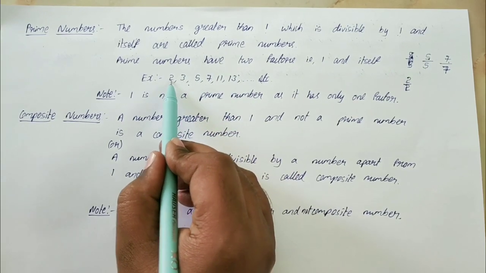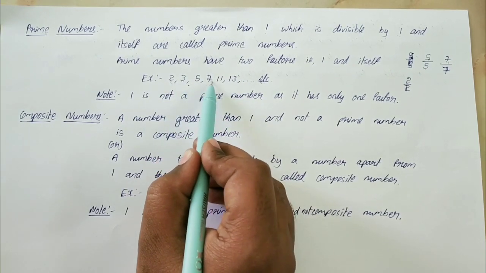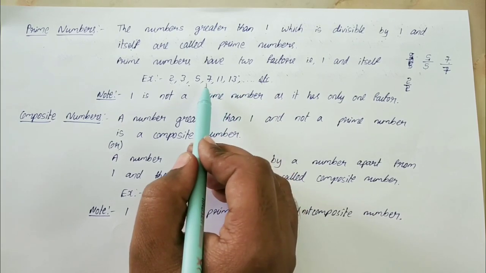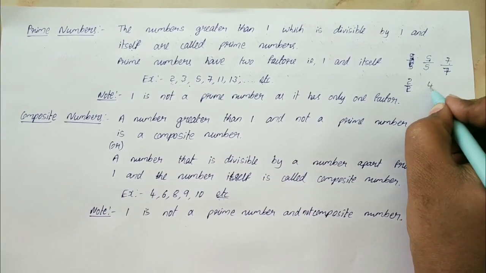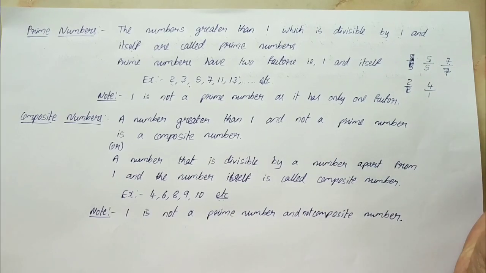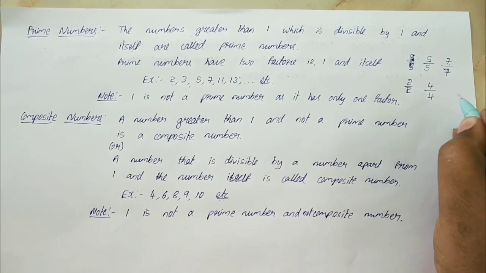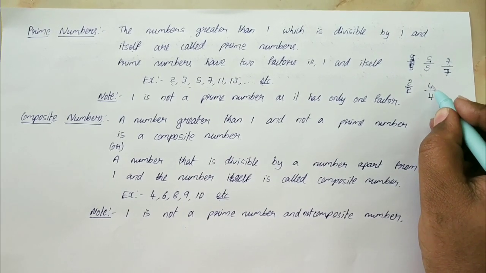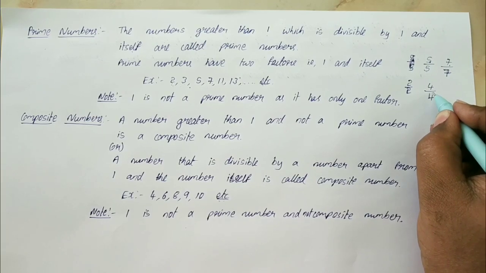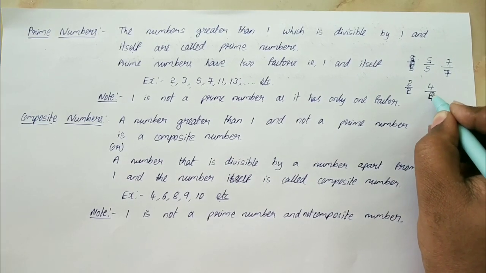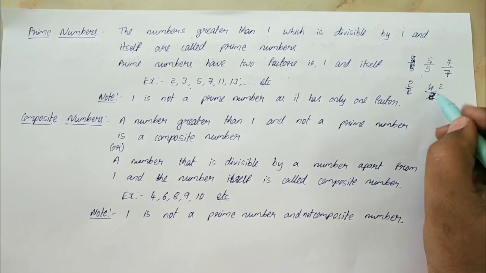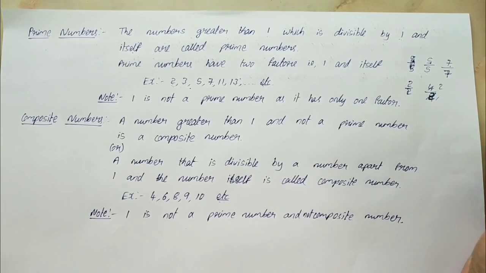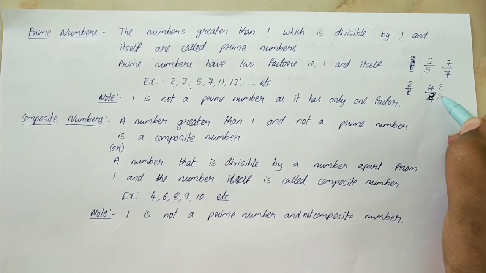Which are those? 2, 3, 5, 7, 11, 13. So what about other numbers? For example, we'll take another number, 4. So 4 is also divisible by 1 and it is also divisible by 4, right? But 4 is also divisible by 2, right? 2 ones are 2, 2 twos are 4. So this 4 is divisible by 1 as well as 2 as well as 4.